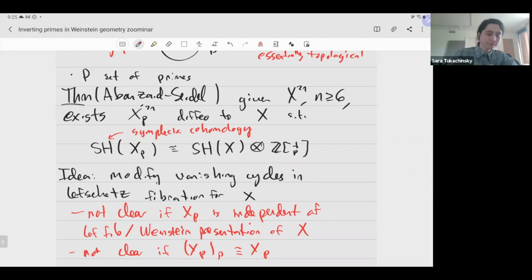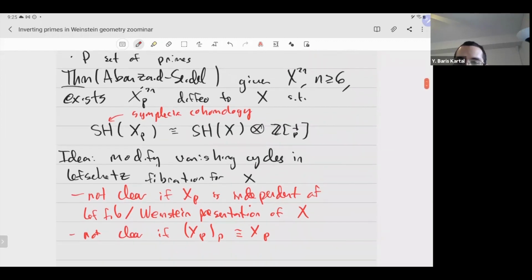Maybe she was asking the same question, but XPP being the same as XP was a homotopy equivalence claim, right? Or for instance, when you mean XP is independent of choices, for the spaces, this was a homotopy equivalence statement, right? That's what Sarah was asking as well.